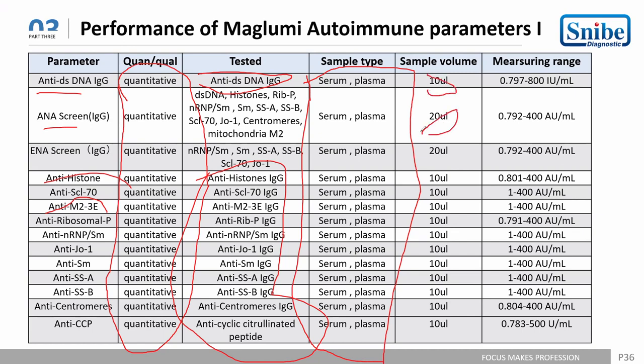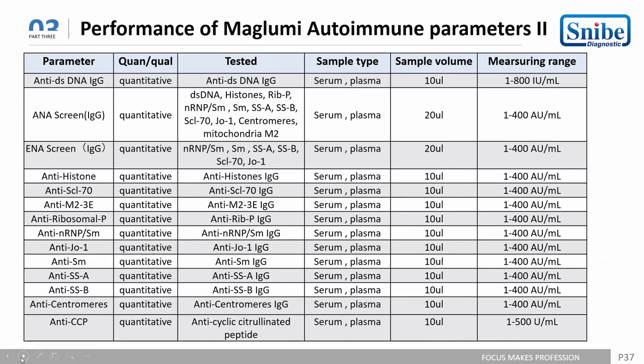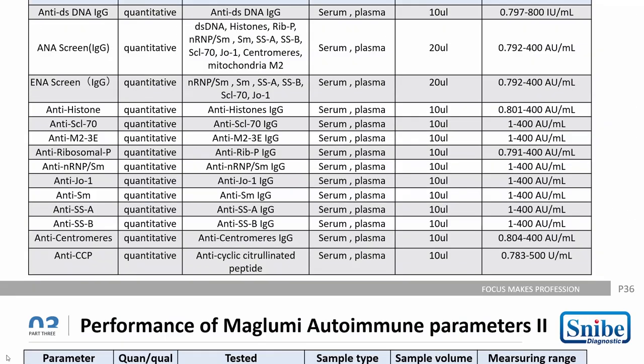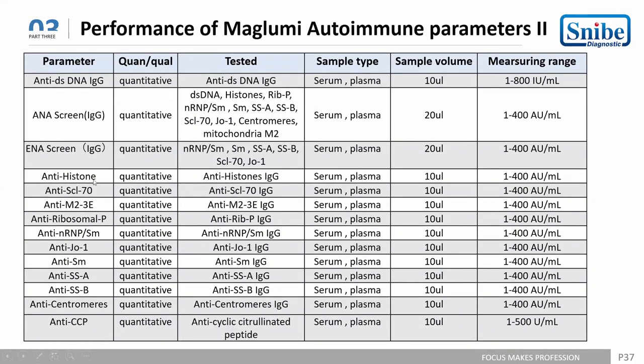The volume is very optimal for the diagnosis of these autoimmune diseases, and the measuring range is desirable according to the requirement. It's up to the mark. Here are a few other things related to the measuring range improvement in the first generation and the second generation parameters. There is an improvement.